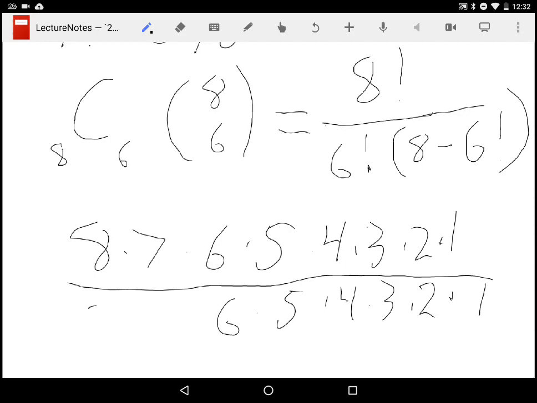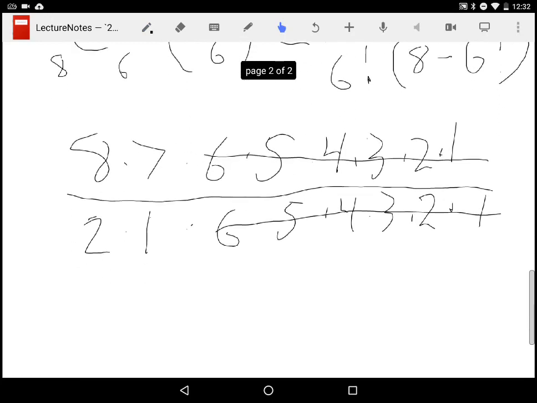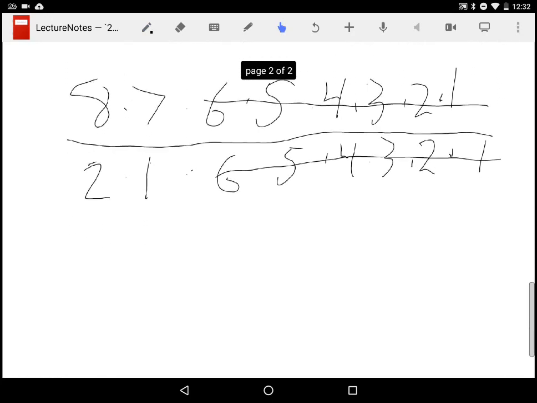And then 8 minus 6 factorial, or 2 factorial, is just 2 times 1. So we can see that this part cross cancels out. And then we're left with 8 times 7, or 56, over 2 times 1. So that's just 28.